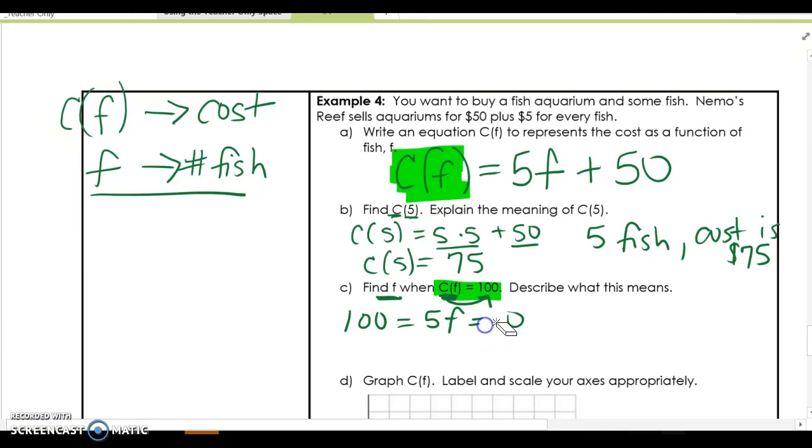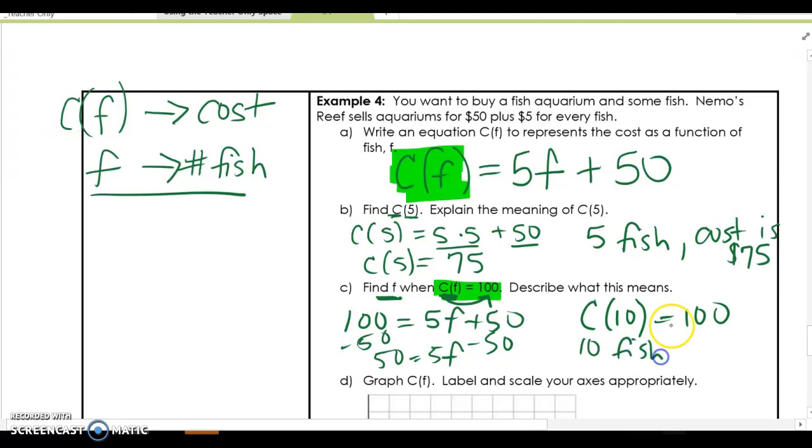Now I'm going to solve. Subtract 50 from both sides, and I'm left with 50 equals 5f, so f equals 10, which means C of 10 is 100. 10 fish, $100.